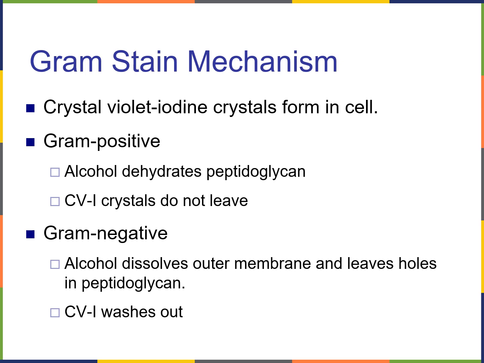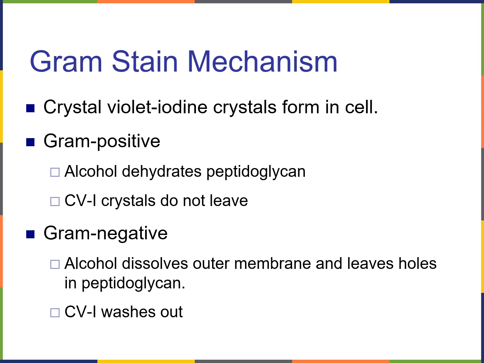Now on the flip side, gram-negative bacteria have a very, very thin layer of peptidoglycan. So with the third step, the decolorizer, when you add the alcohol to a gram-negative bacteria, it can't form a tight seal. It can't trap that dye inside.